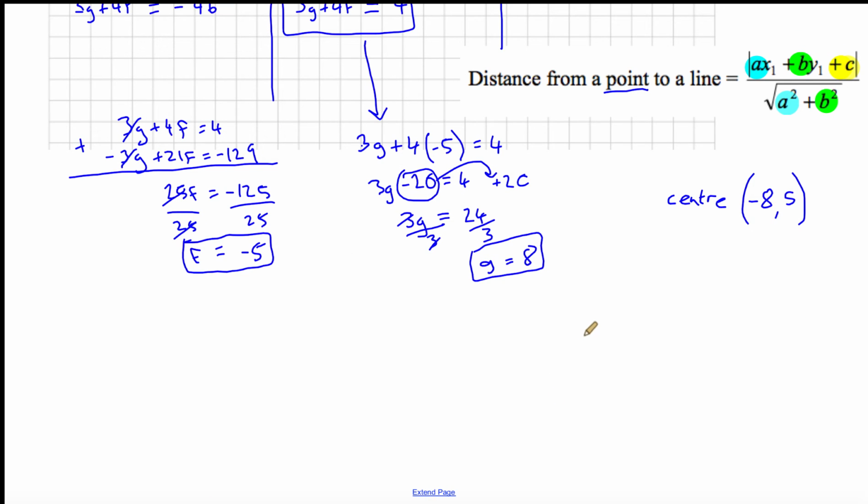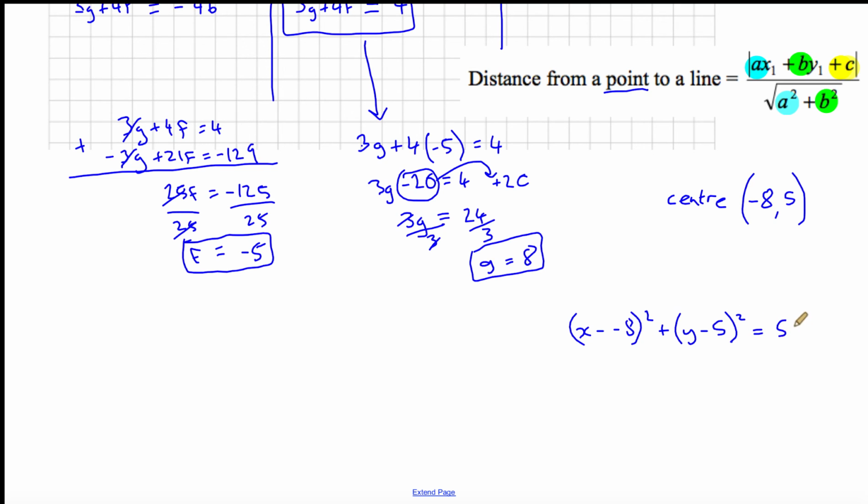So the equation of the circle then would be x minus h, which is the first term, so x minus minus 8 all squared, plus y minus 5 all squared is equal to the radius squared.